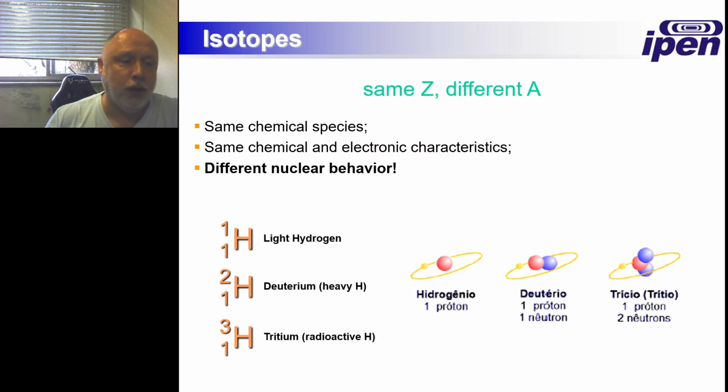So much different, in fact, that if you take hydrogen, light hydrogen is just a proton, so it has mass 1, charge 1, right? It's the most common element in the universe, most common nuclide in the universe. Then we have deuterium, which is known as heavy hydrogen, which has 1 proton and 1 neutron. So mass is 2, but still 1 atomic number. It's stable, it's just heavier, right?